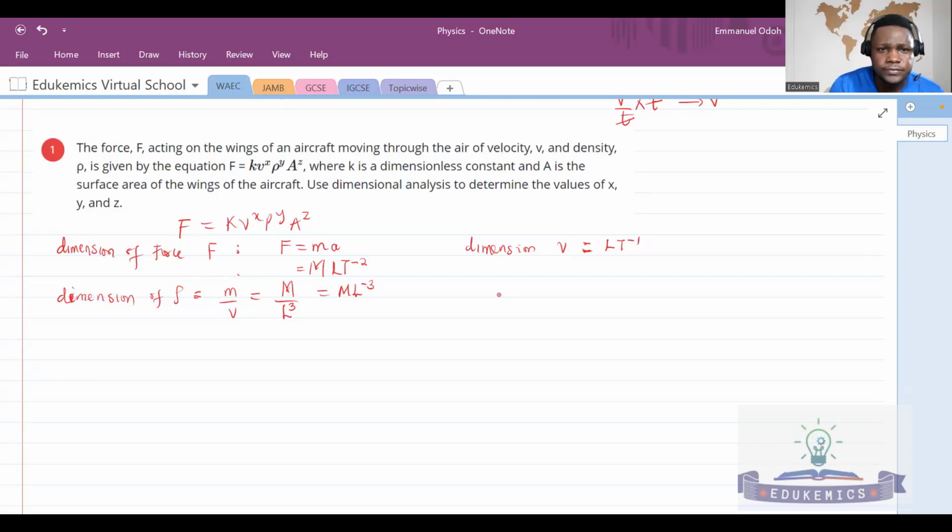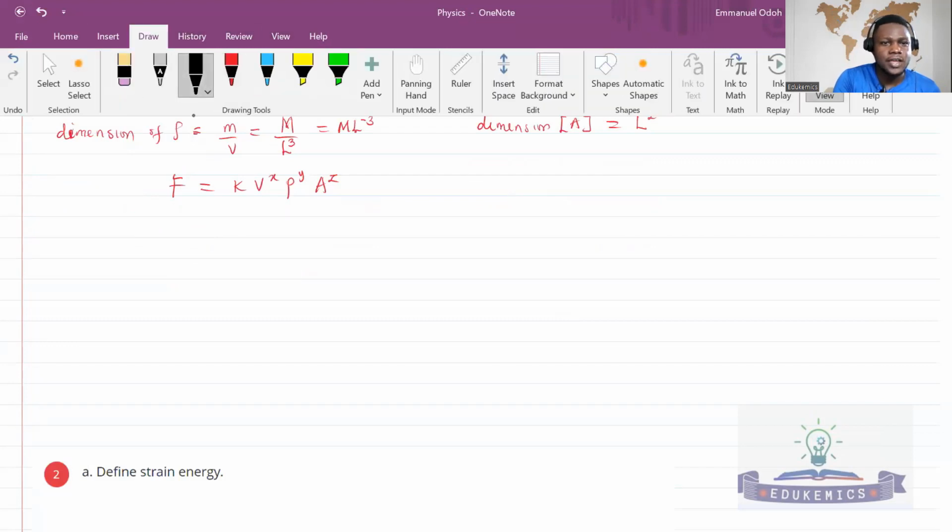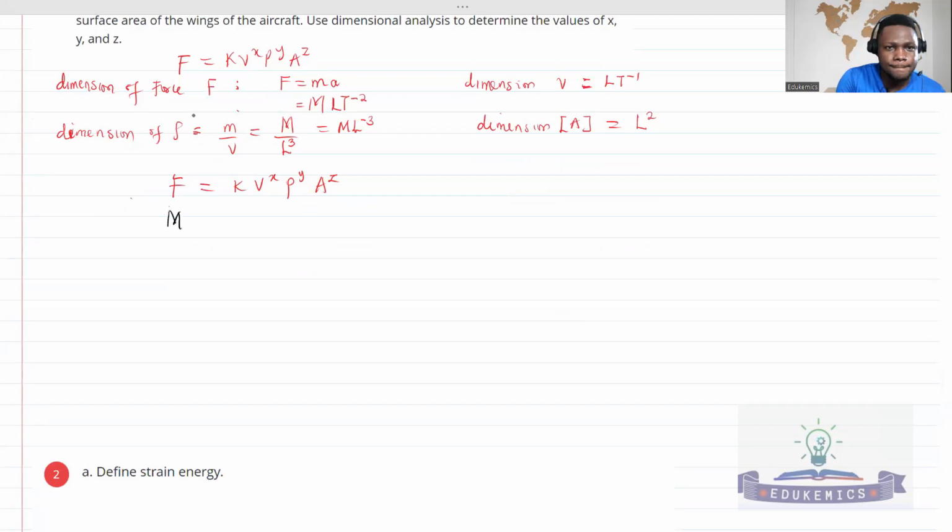Then the dimension of area should be equal to L squared. Having gotten all these dimensions, we substitute them into the equation that was given to us. As we make the substitution, the dimension for F is MLT minus 2.